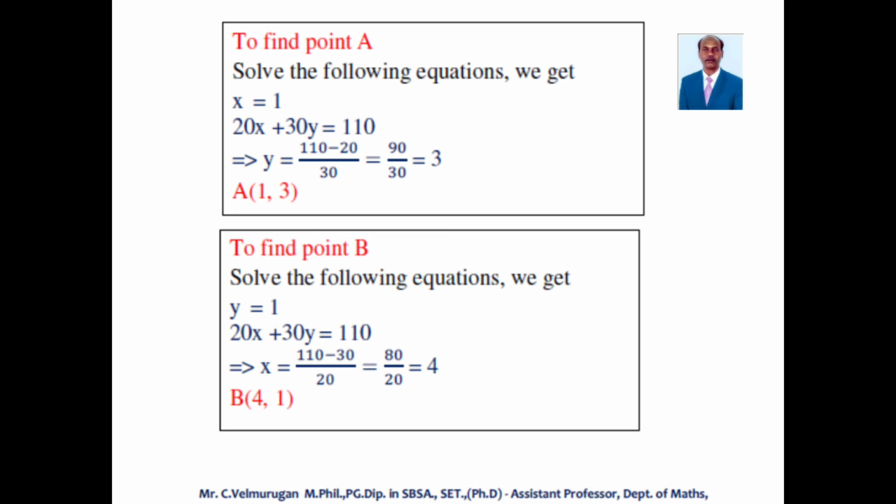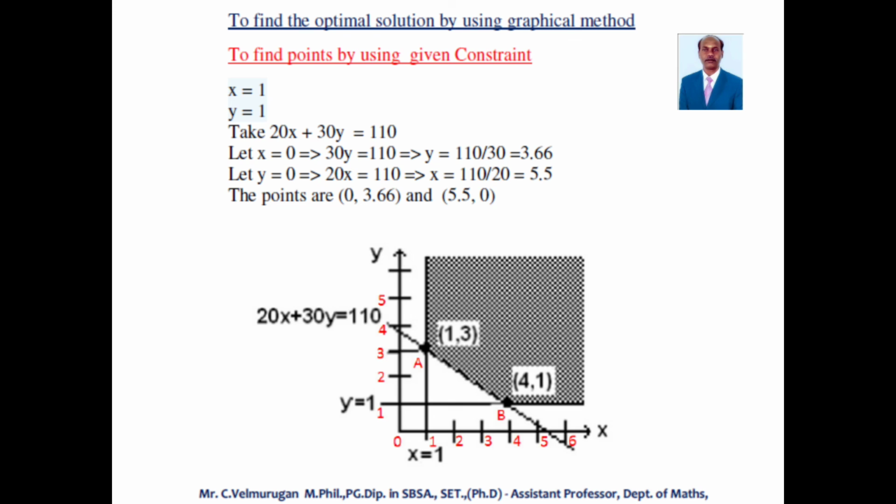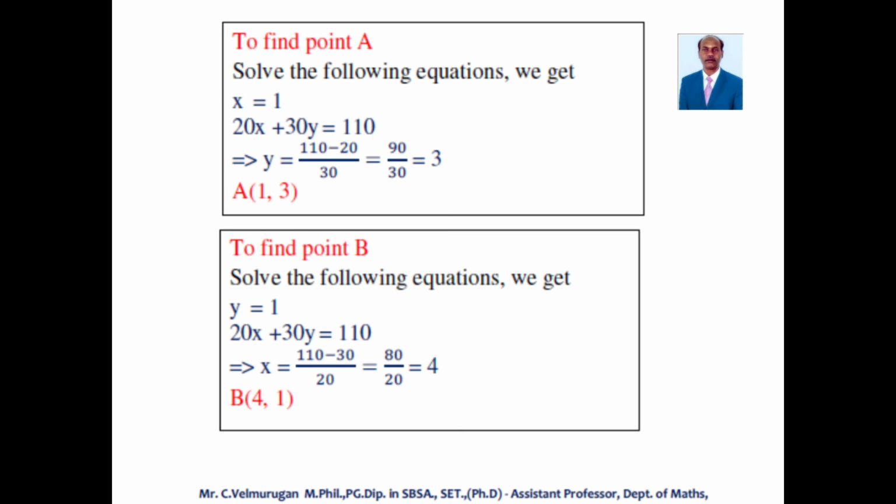Now we can find out the points. If you want to find the point A, which 2 lines are intersecting? That is 20x plus 30y equal to 110 and x equal to 1. Both lines are intersecting. We already know that x is equal to 1. So if we apply x equal to 1 in 20x plus 30y equal to 110, then we get y equal to 110 minus 20 divided by 30.